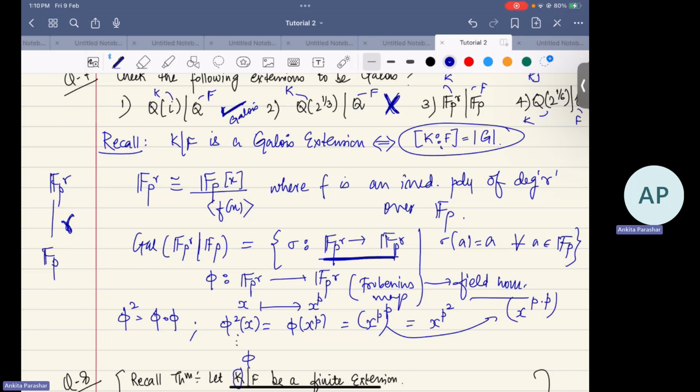If you keep doing this, you will get phi^i(x) is x^(p^i). Can you say something about phi^r(x)? Notice it's x^(p^r). Something is important here. Can you notice that?